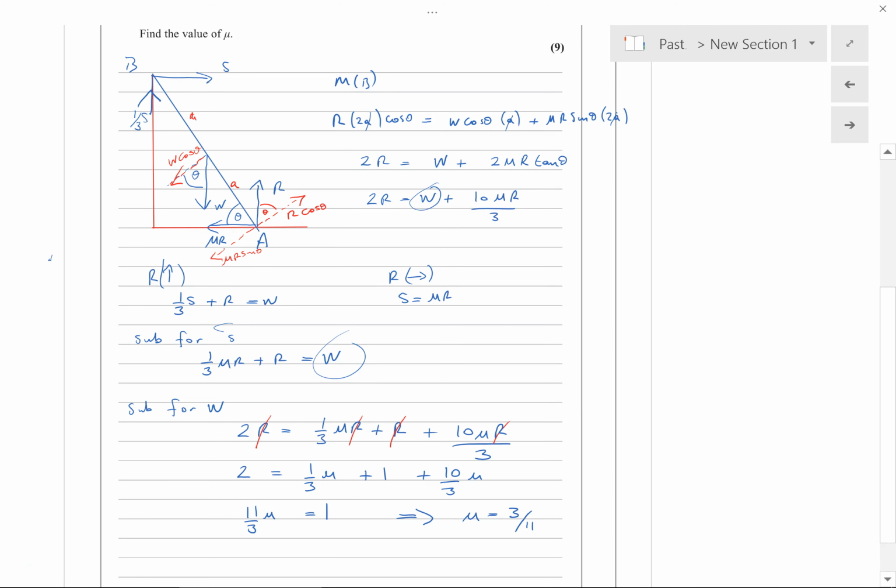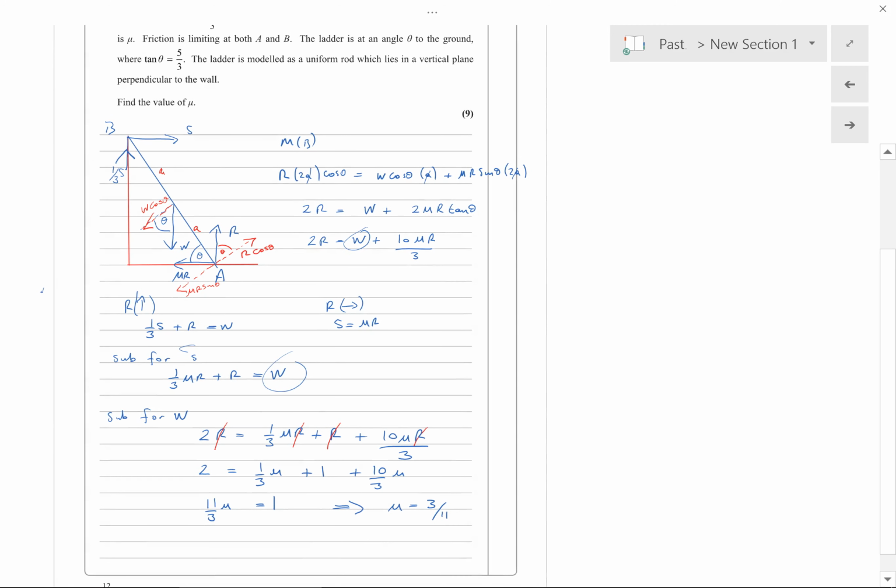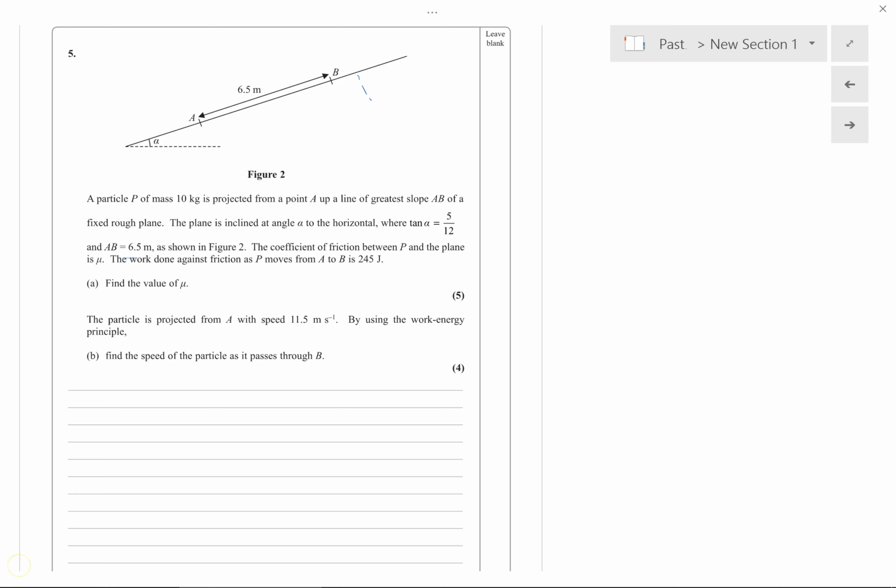Okay, let's have a look at the next question, which will be question 5, I think. Okay, question 5 is a work energy question, or at least part B is. Well, part A is really, because it tells us the work done against friction is 245 joules.